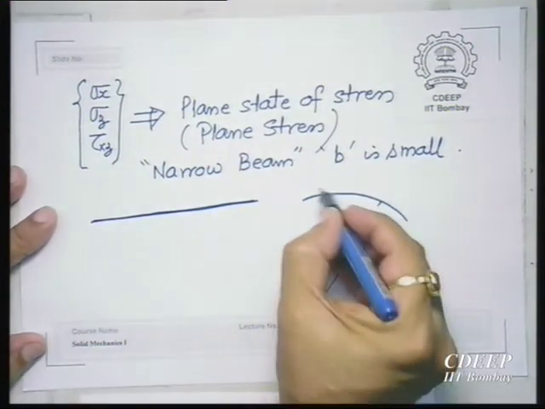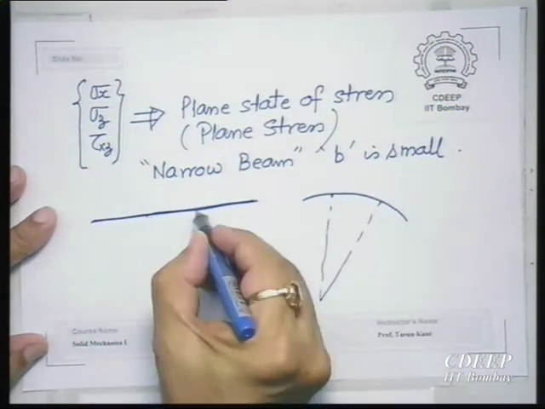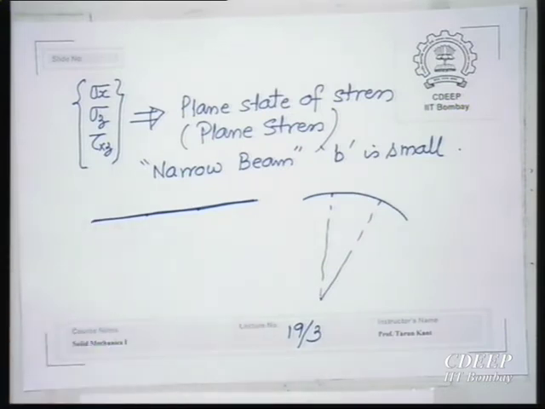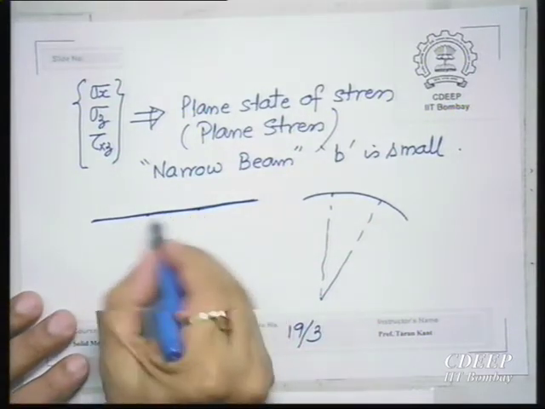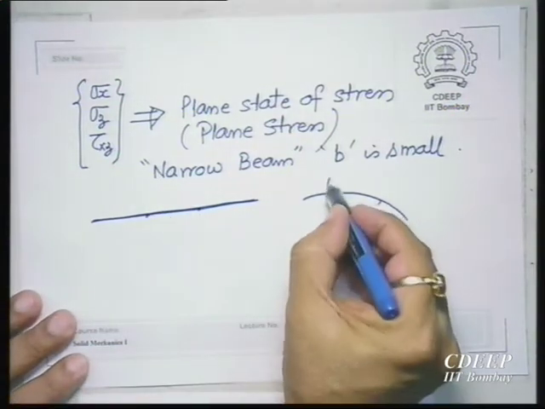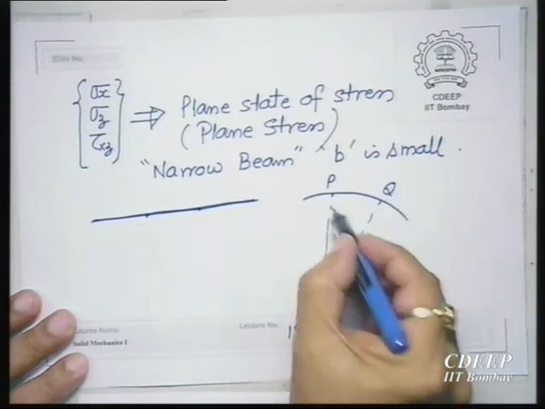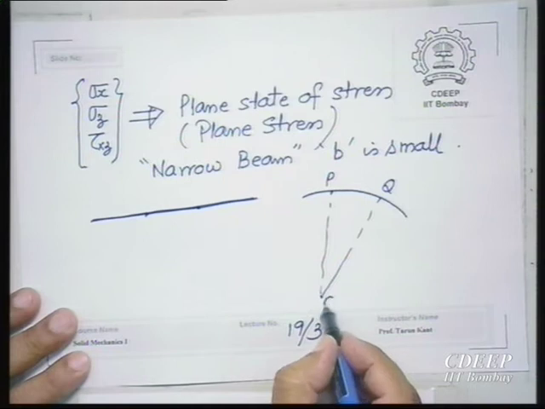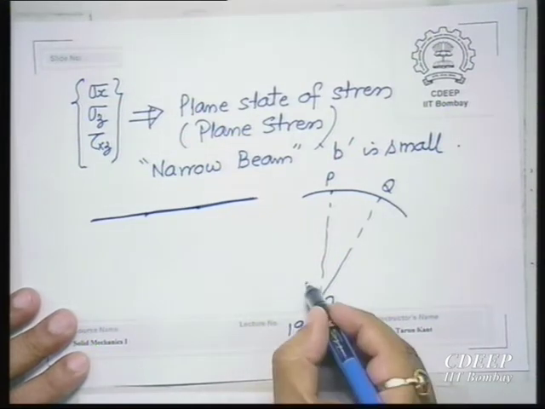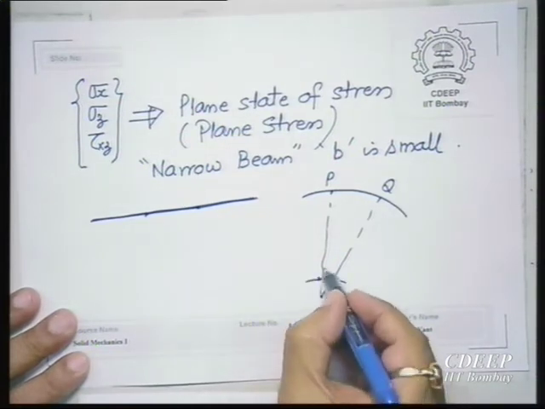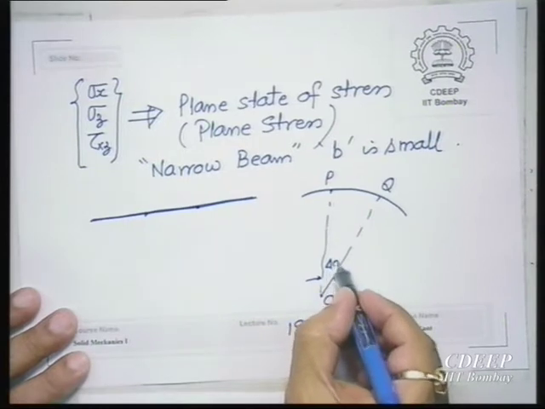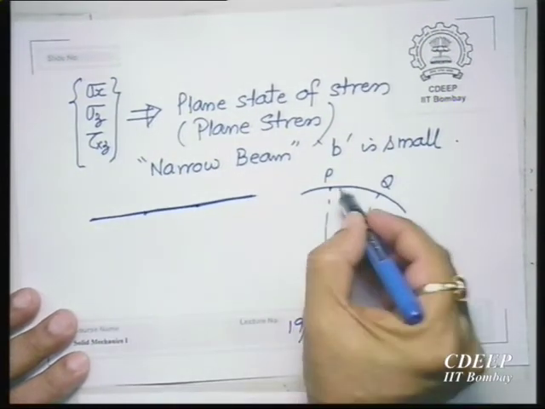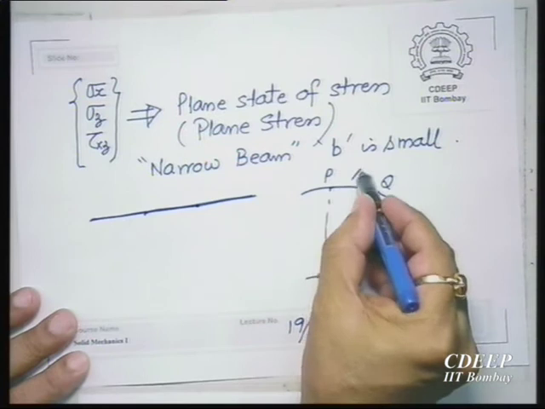So P and Q, you have taken 2 points along this. Originally this is there and you have bent it. I am not saying that it is a circle, but yes, in the neighborhood, if the 2 points are close enough, then if you draw the normal over here and normal over here, they will meet at O. Let us assume that this angle is a small angle d phi. This distance P and Q is ds.